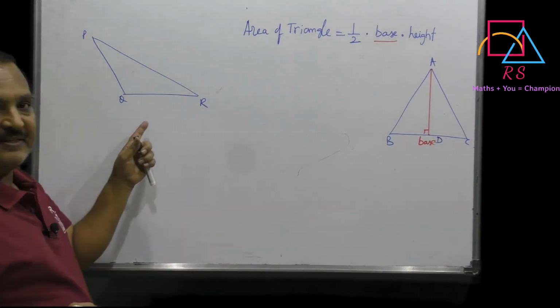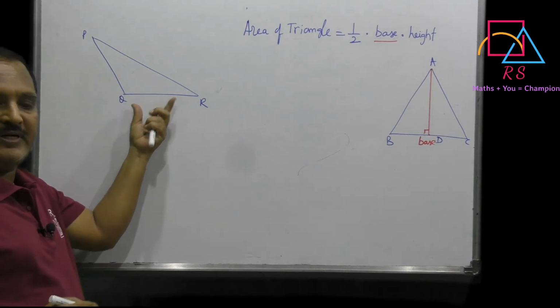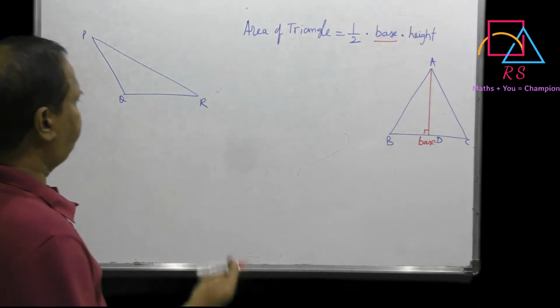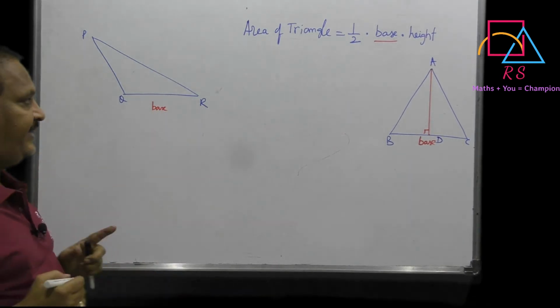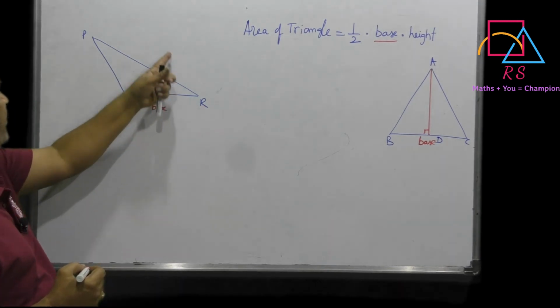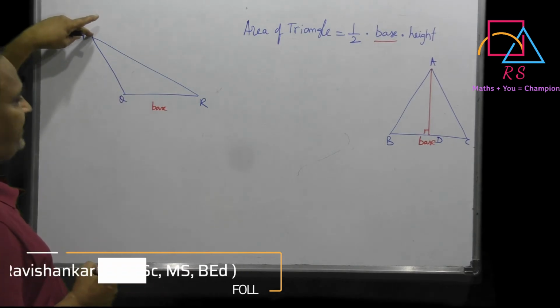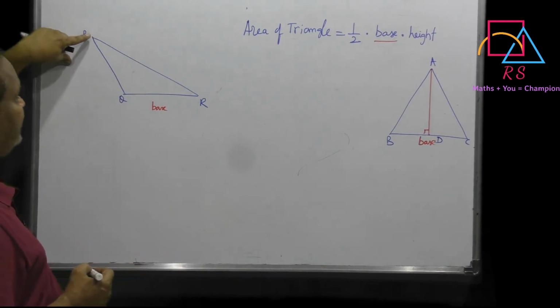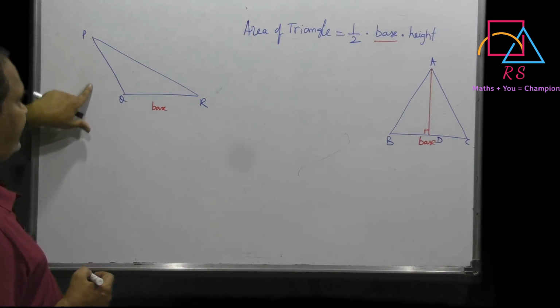In this, the whole triangle stands on QR. Therefore, QR is the base. Then what will be the height? Opposite to this, the highest point, the peak point of this figure is P. So from this P, you have to draw a perpendicular towards the base.